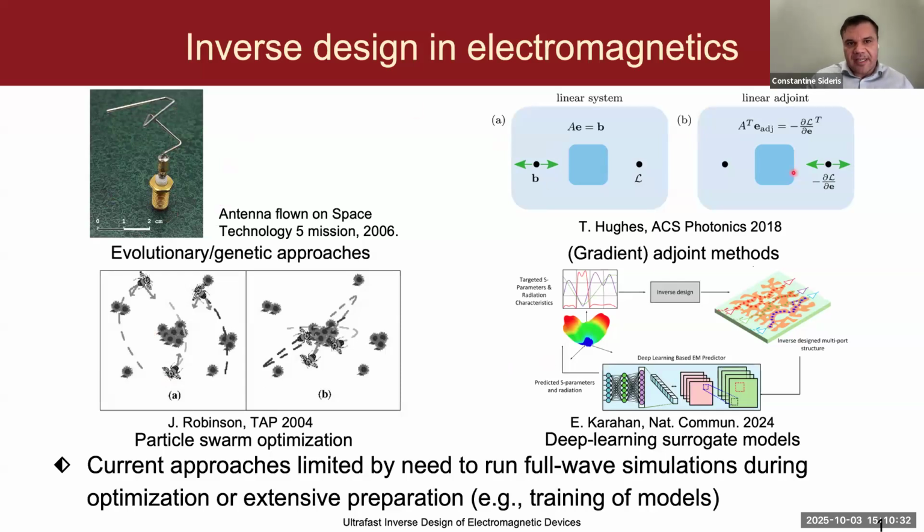On the top right are various examples of inverse design in nanophotonics that use gradient-based adjoint methods. And on the bottom left are some global search algorithms, such as particle swarm optimization. And in the electromagnetics world, the traditional inverse design approaches are hampered by the resource-heavy and computationally expensive nature of full-wave electromagnetic simulations.